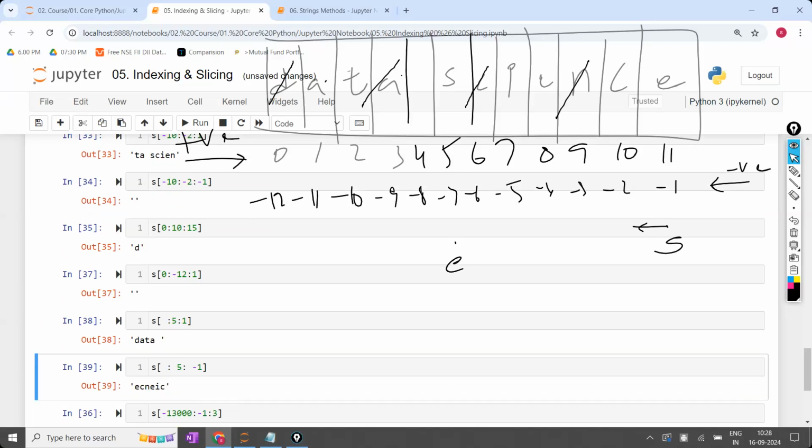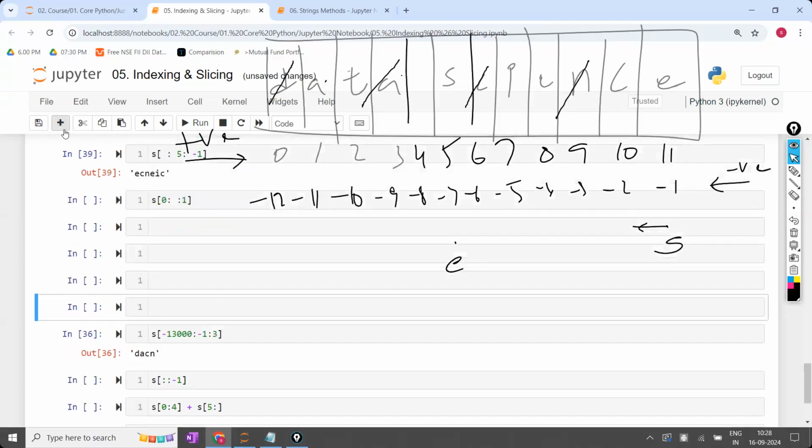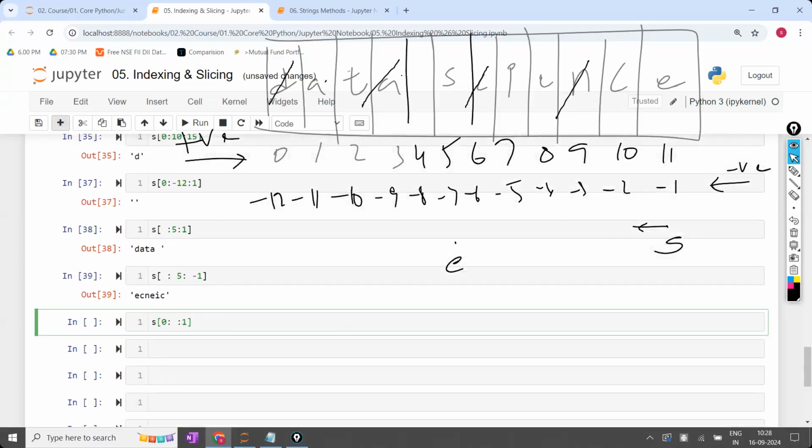Now, next, if the ending one was not given, only the starting one and the step were given, the in-between value was not given to us. In that case, the meaning is: from the starting point, everything in that direction, including the last.